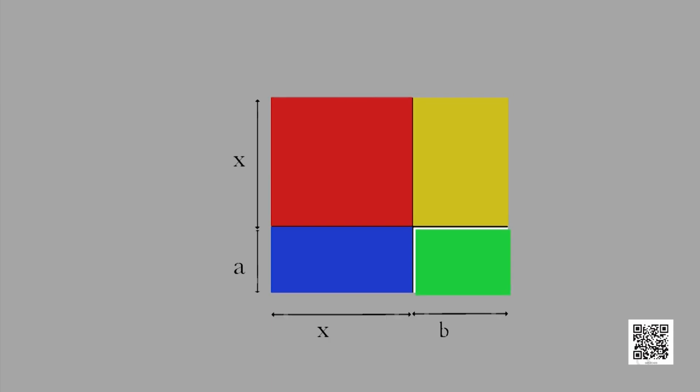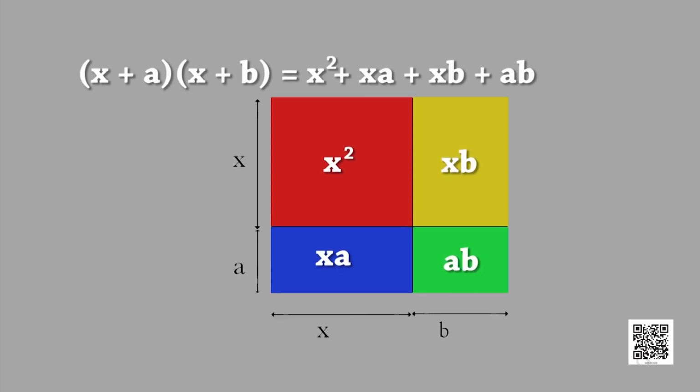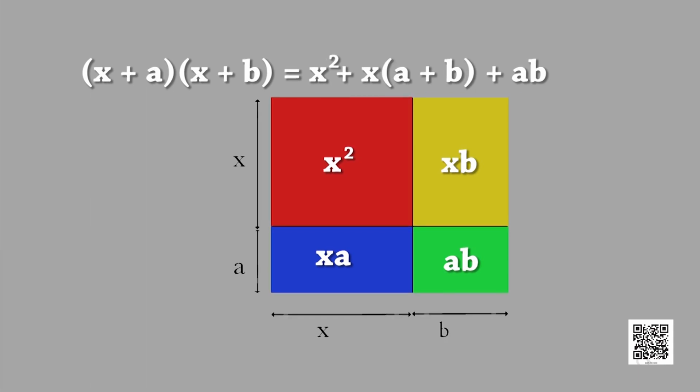If you add all these areas part by part, we get the area of the original figure, that is (x plus a) into (x plus b) is equal to x square plus xa plus xb plus ab. If you take x as common from second and third terms of RHS, we get x square plus x times (a plus b) plus ab.